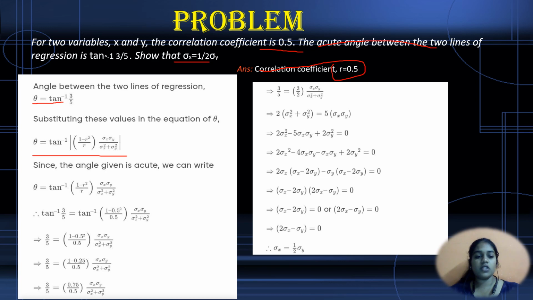Since this angle is acute, we can remove the modulus. Then tan inverse of 3 by 5 is equal to tan inverse of (1 minus 0.5 square) divided by 0.5, into sigma x into sigma y divided by (sigma square x plus sigma square y).